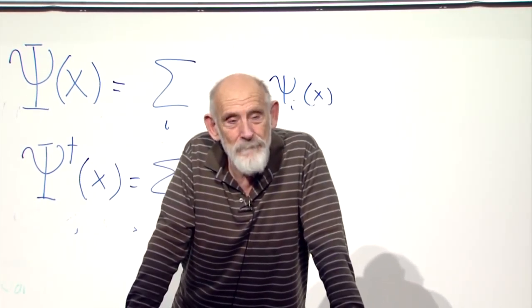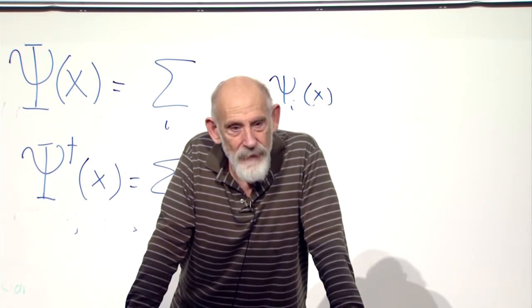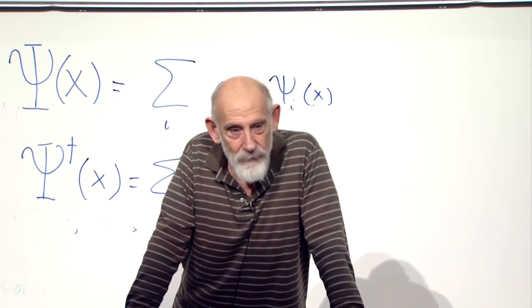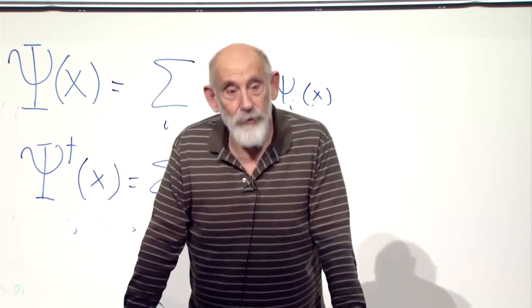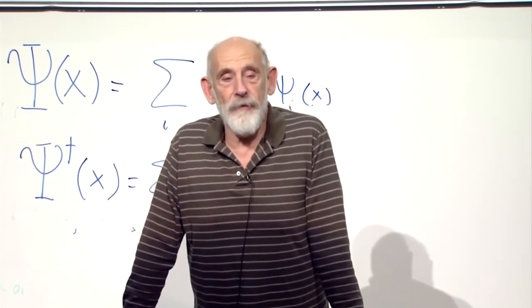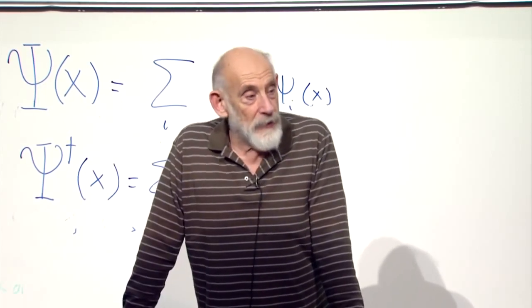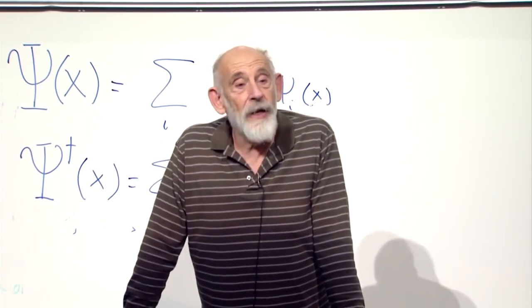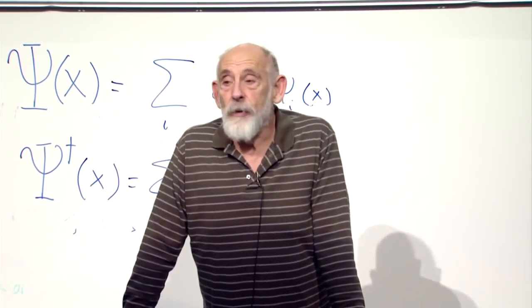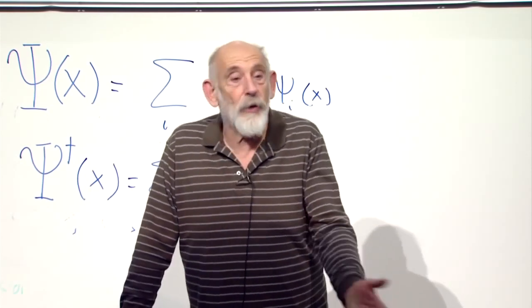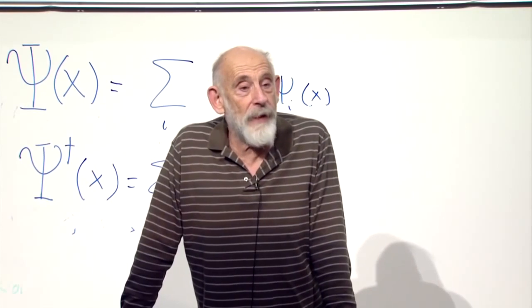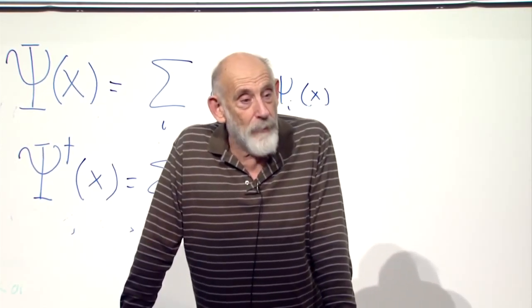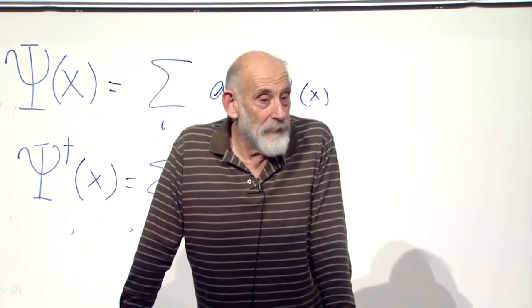If you add the zero state to the vacuum, you get the same thing. What if you add the vacuum state? You certainly don't get the same thing. If you add the vacuum, let's say, to a one particle state with equal coefficients, just to be simple, you get a state that has a probability of a half of having a particle and a probability of a half of not having a particle.